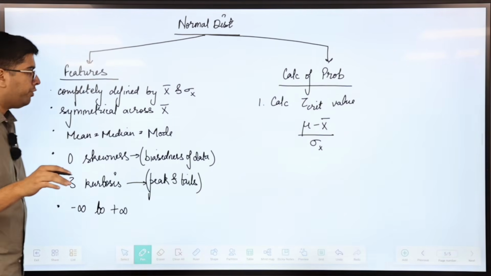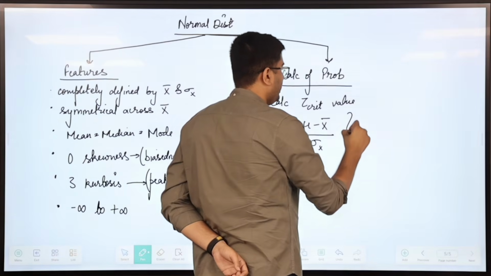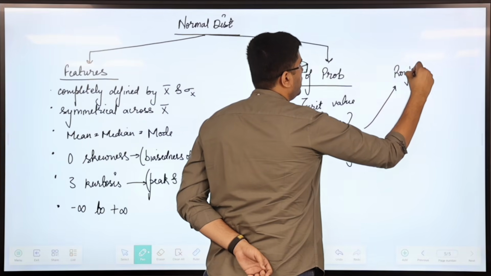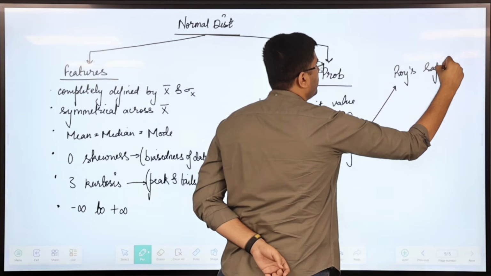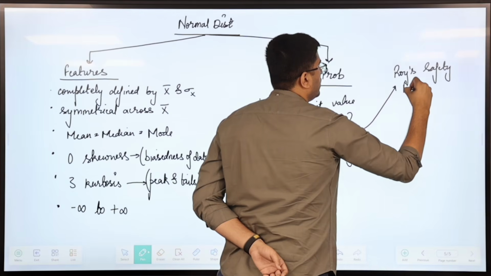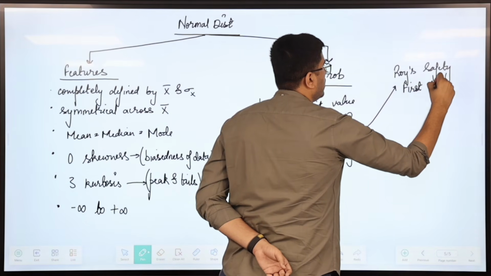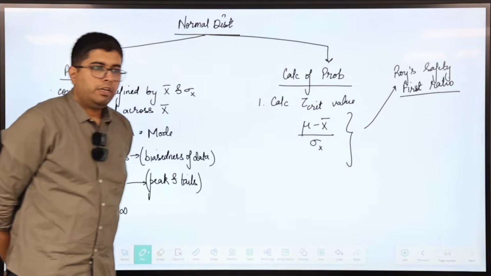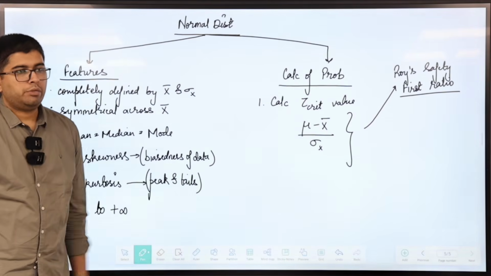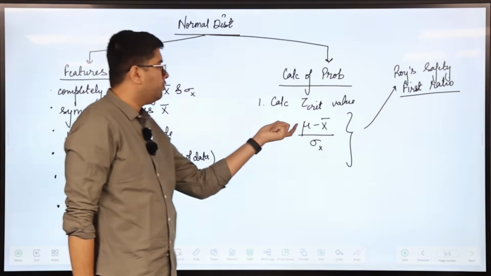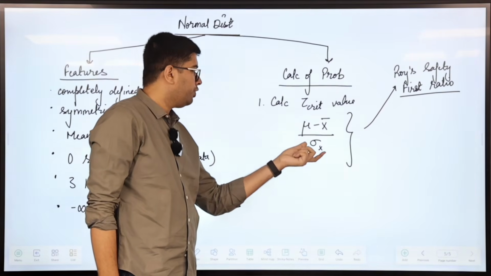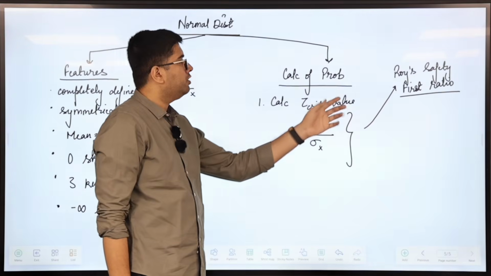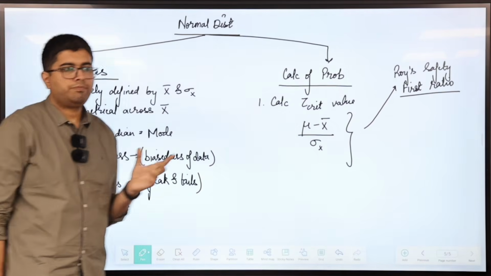Now, those of you who may be confused, this is the same formula for Roy's safety first ratio. We have mean, we have a threshold level of return, the minimum return you need. So instead of mu, we use minimum return required and we use portfolio risk, portfolio returns.